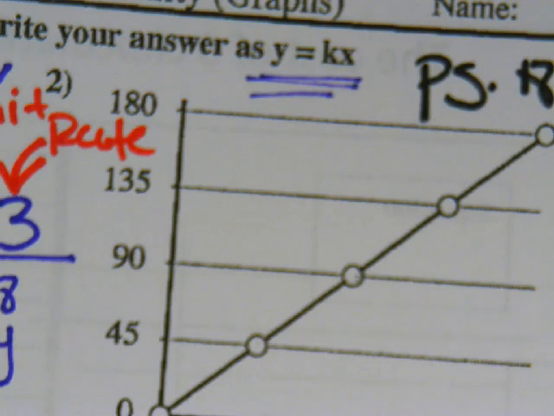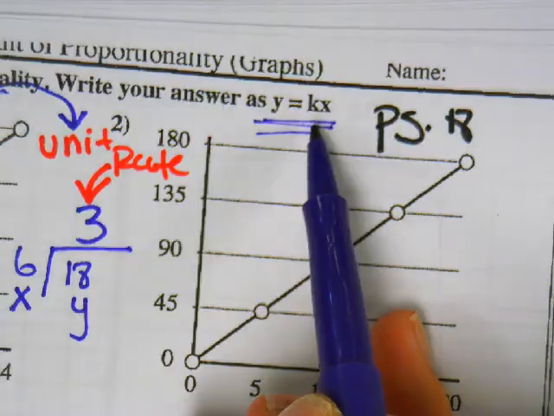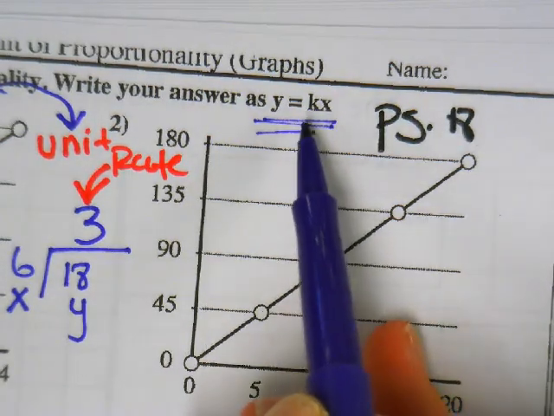The number, the answer, 3. What do we call the answer? The unit rate. So they are going to use k for unit rate. Maria, let's not get too distracted. They gave it to you in this form. K just stands for unit rate.